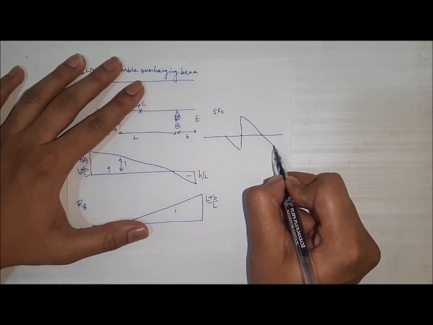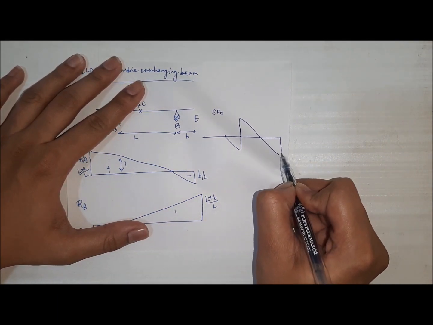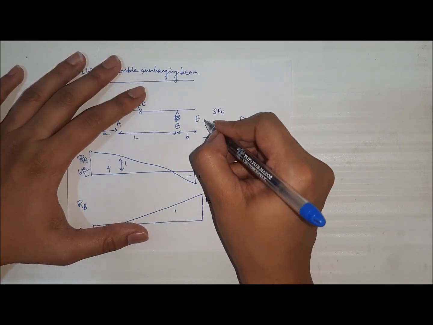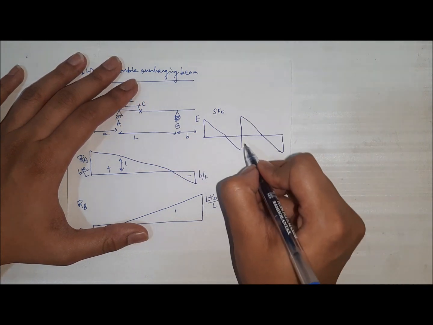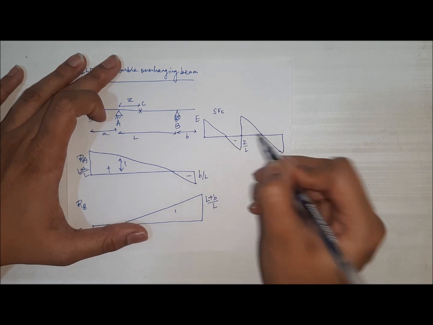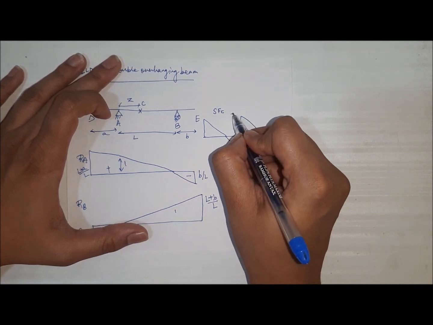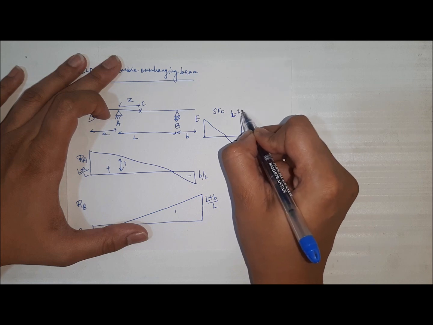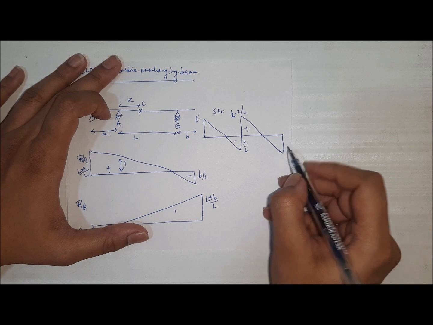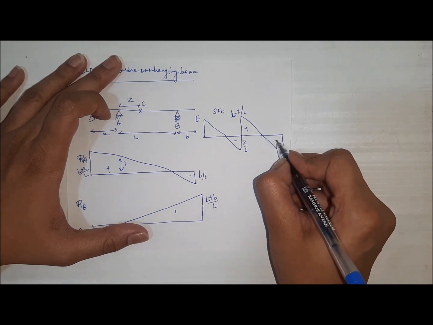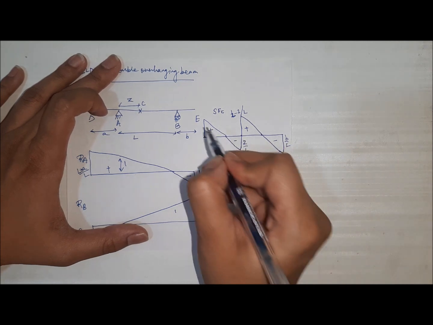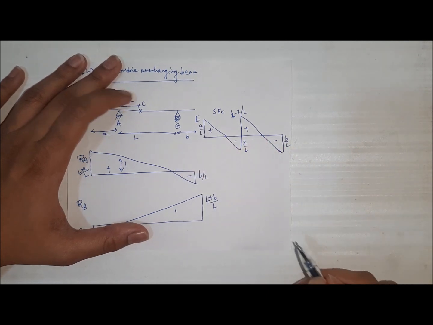This portion will go downwards as BE portion is straight and this part will go upwards as AD portion is free. So the dimensions for this, the height is Z by L as we know and it is negative. The height here is (L minus Z) by L and positive. This portion will be negative and the height will be b by L. Over here this portion will be positive and height will be a by L.